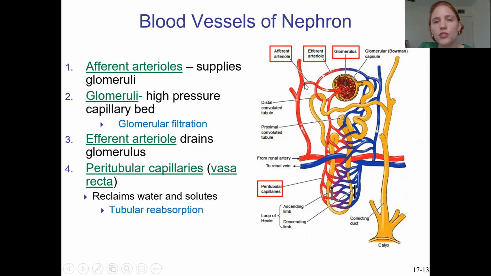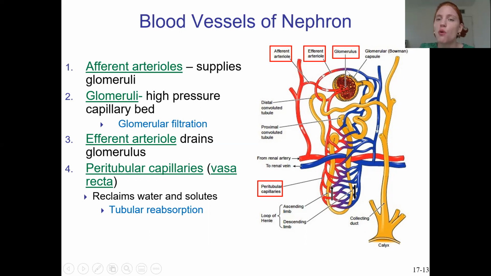So that is called the afferent arteriole. The afferent arteriole takes blood into the glomerulus, and the glomerulus is a very specialized capillary bed, and what makes it specialized is that it is very high pressure, which is very important for the process that occurs there, called glomerular filtration.